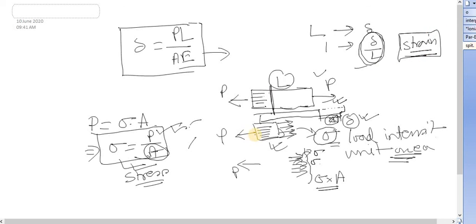Let's combine the stress and strain in your Hooke's formula and see what happens. What was our Hooke's formula? Delta is equal to PL by A. We have learned stress is equal to P by A. And also we have learned that strain, let's denote your strain by epsilon, is equal to small delta by L, or the increment in length per unit length.